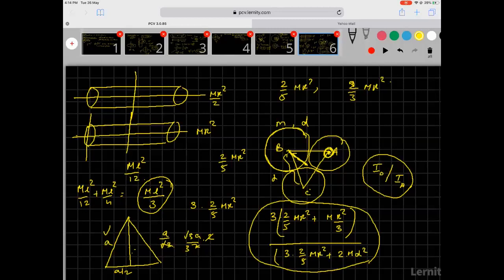The first question is, now I have a cylinder here. I have wrapped a string around the cylinder and I have released it.